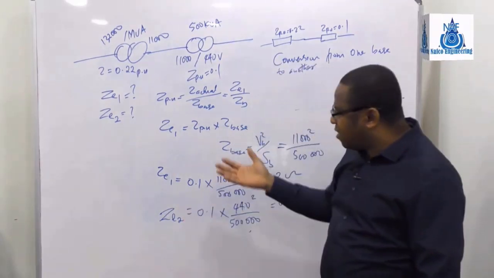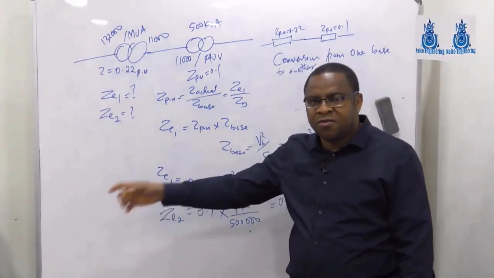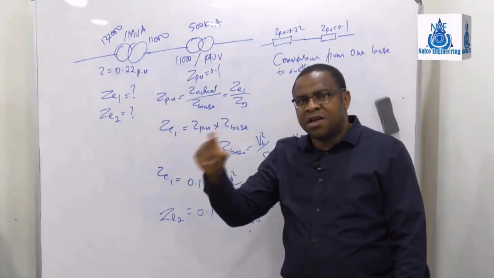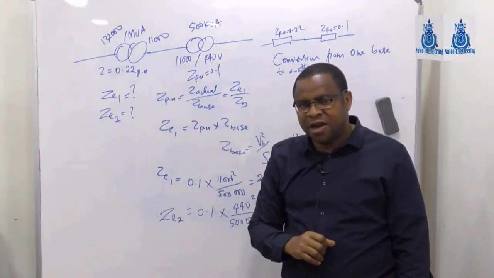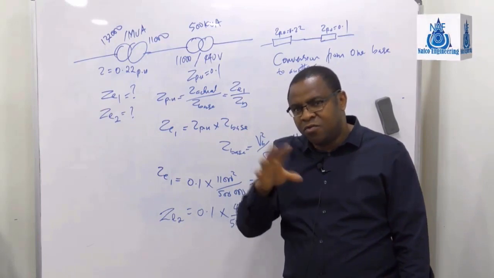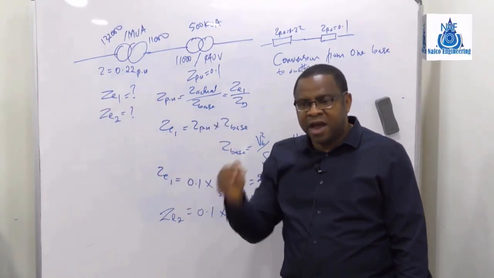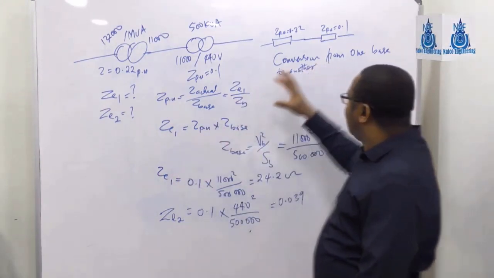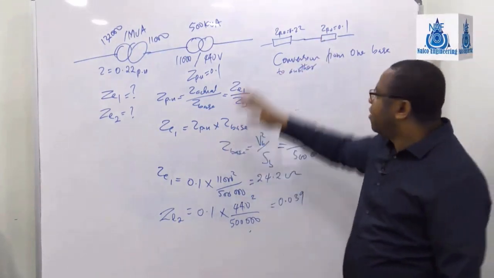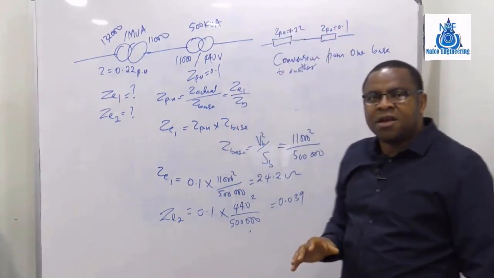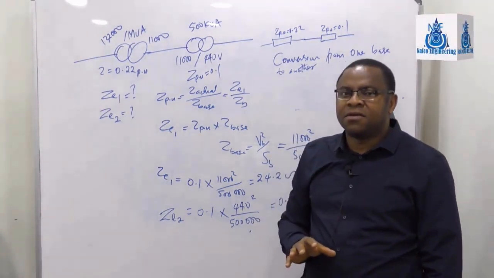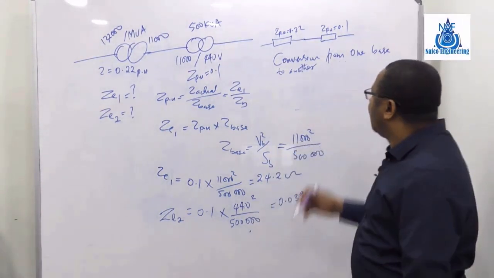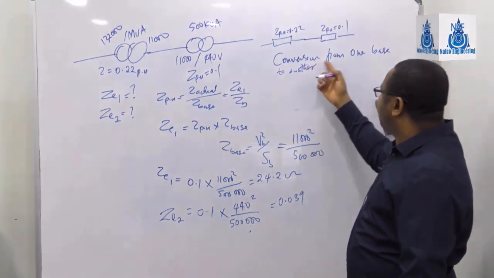Just like when we are dealing with a single phase, when we have loads, we should have a common voltage, so that V equals IZ, and I is V over Z. When you are dealing with per unit, you make sure that all the impedances are of the same apparent power. So that is what we look at in conversion.